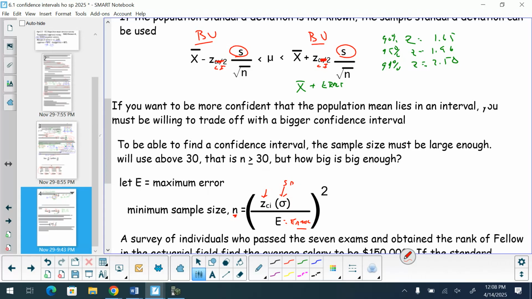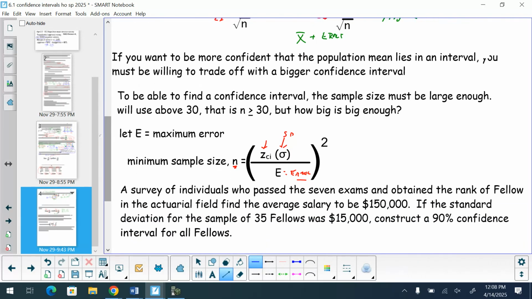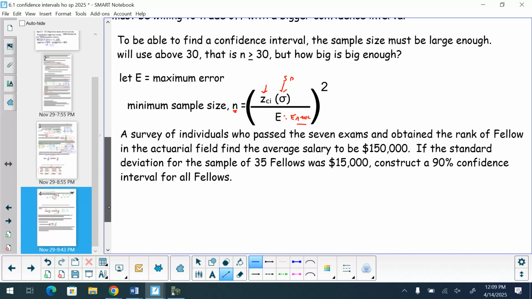That will give me a minimum sample size. So if I'm willing to live with a certain amount of error, how big does my sample size have to be? I calculate it by z times standard deviation divided by whatever error I'm willing to live with, and then I square that quantity.